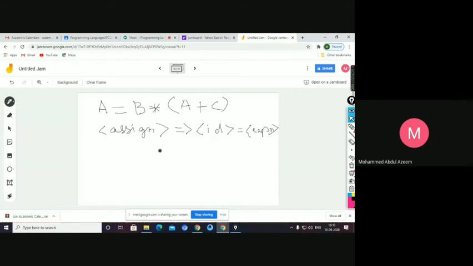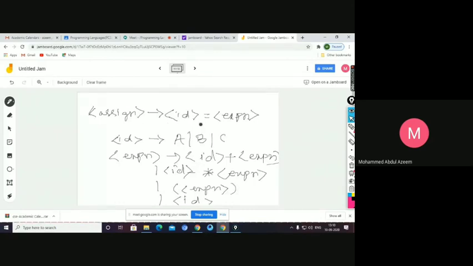And I'm writing in the next statement. At this ID, I'm opening this ID. ID can be A or B or C, right? I want this statement to be derived. So in place of ID, this particular definition I have taken from the grammar only: assignment equal to ID equal to expression.